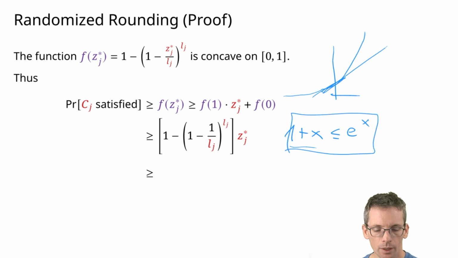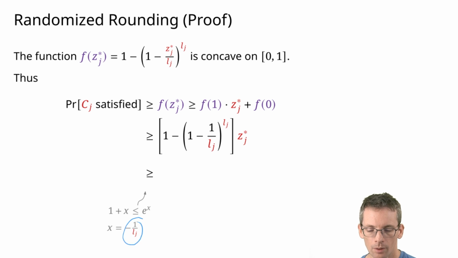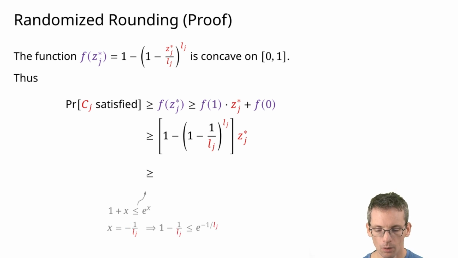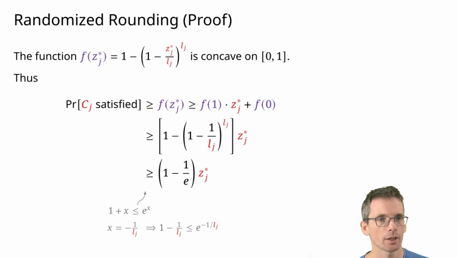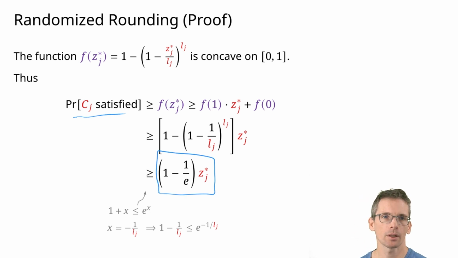So this is a very useful inequality, and I'm going to use this here with x being minus 1 divided by aj. So plugging that in, I can bound this term here by e to the minus 1 divided by aj, but because I have the lj here, this cancels out with that aj. So I have here 1 minus 1 divided by e as a lower bound times zj star. So we have the probability that Cj is satisfied is at least this number here.